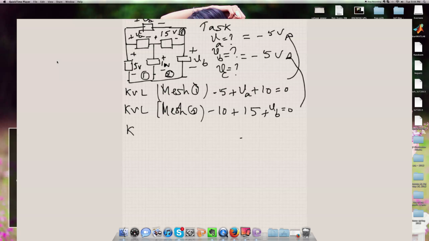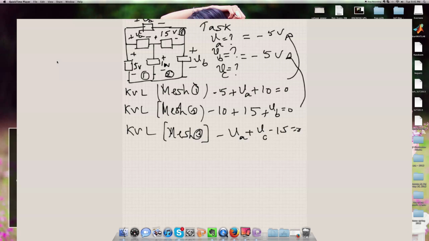Finally, KVL in mesh number 3 implies minus V sub A plus V sub C and then minus 15 equals 0.